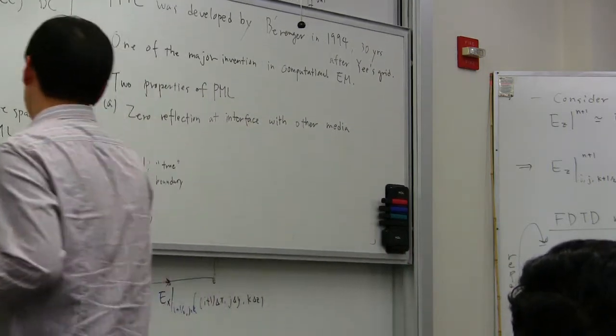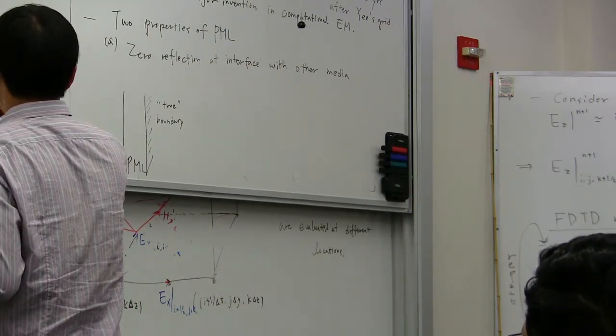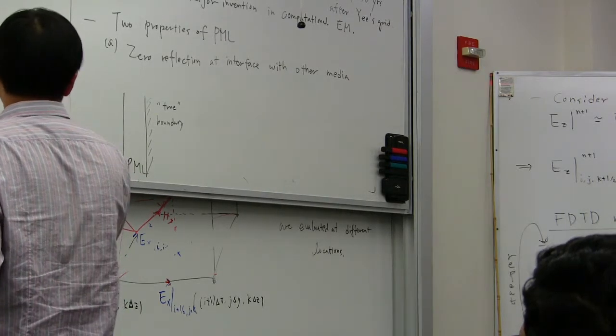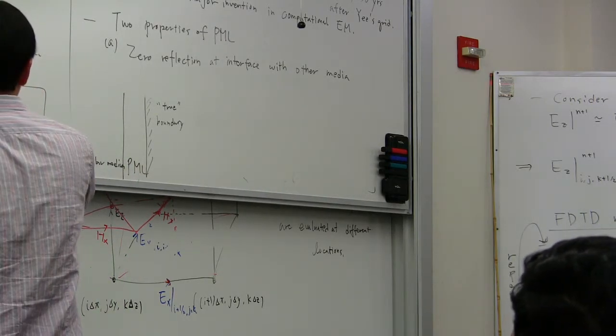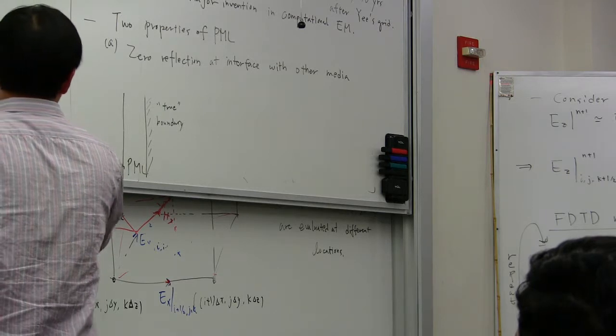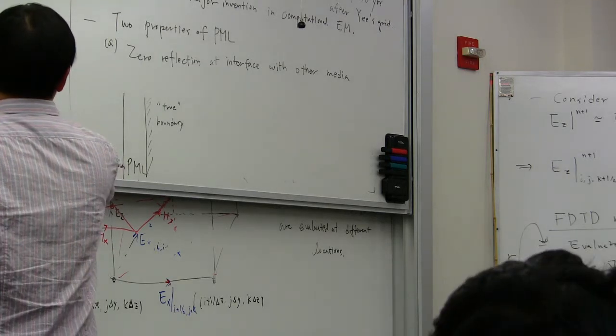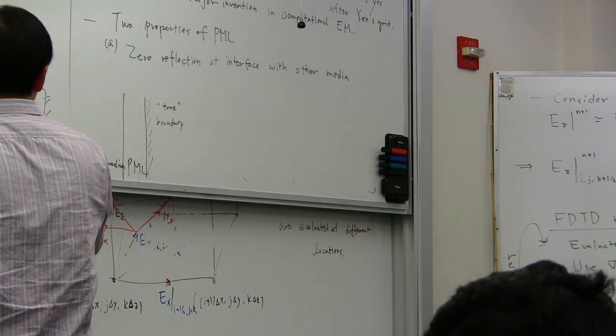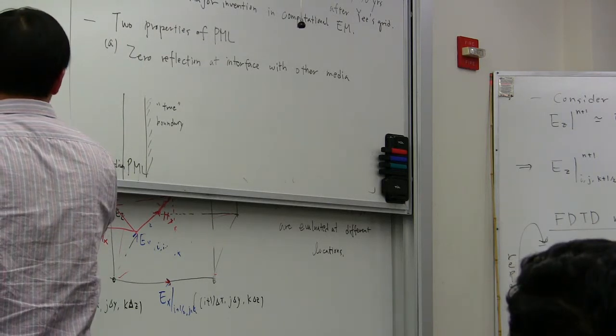Before that, I should have explained how the simulation domain looks like. So when you have a simulation domain, you have a boundary, right? And you surround this boundary with PML.